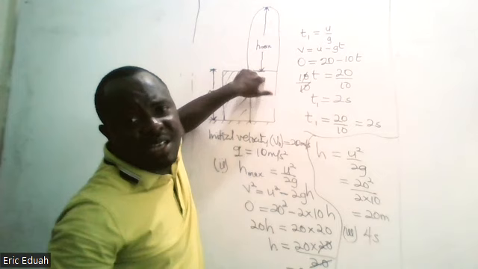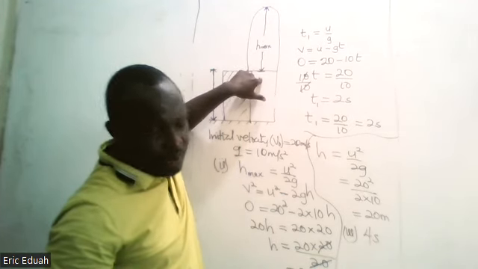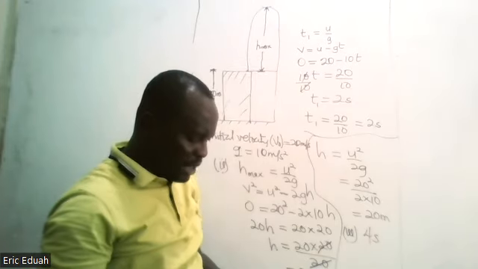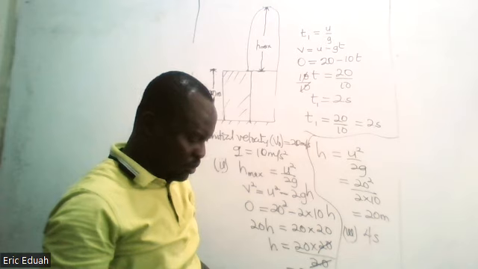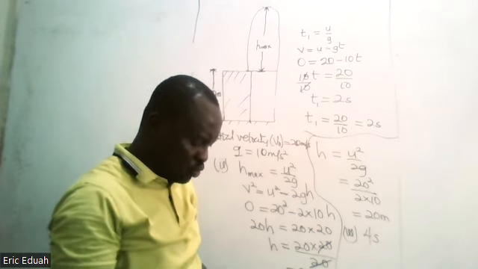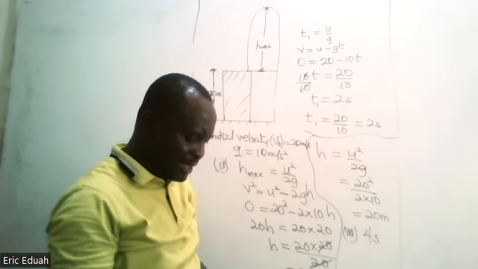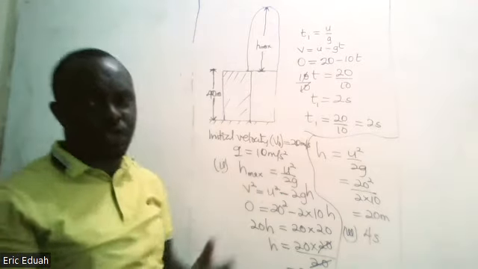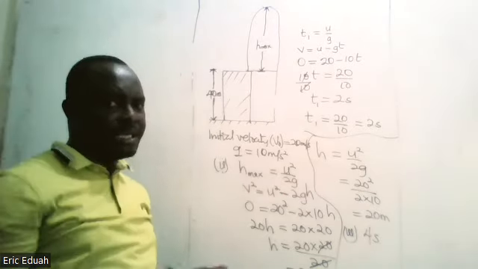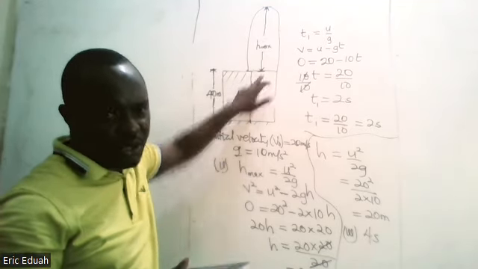So the question demands the velocity there. Let me take the question again. The velocity V2 of the ball at this instant. So it refers to the previous question, the instant where the ball returns to its starting point.